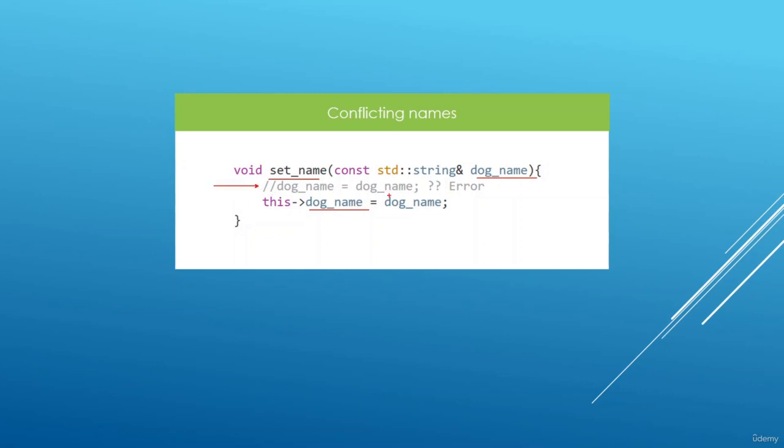You're going to say dogName equals dogName, and it won't really know which dogName you are referring to. We can resolve this conflict by saying this, using pointer access notation, and then dogName. This is going to be the member variable, and we're going to be assigning to the member variable from the parameter. This is the meaning here. We can use the this pointer to resolve such conflicts.